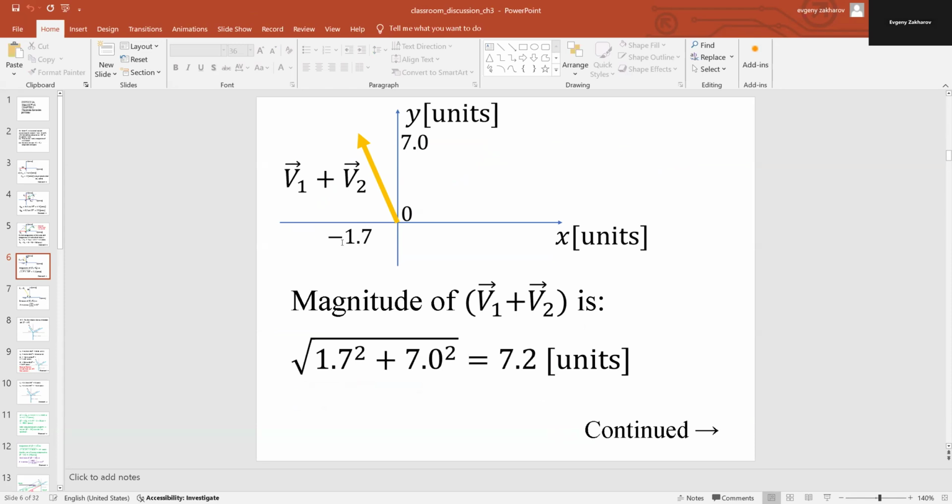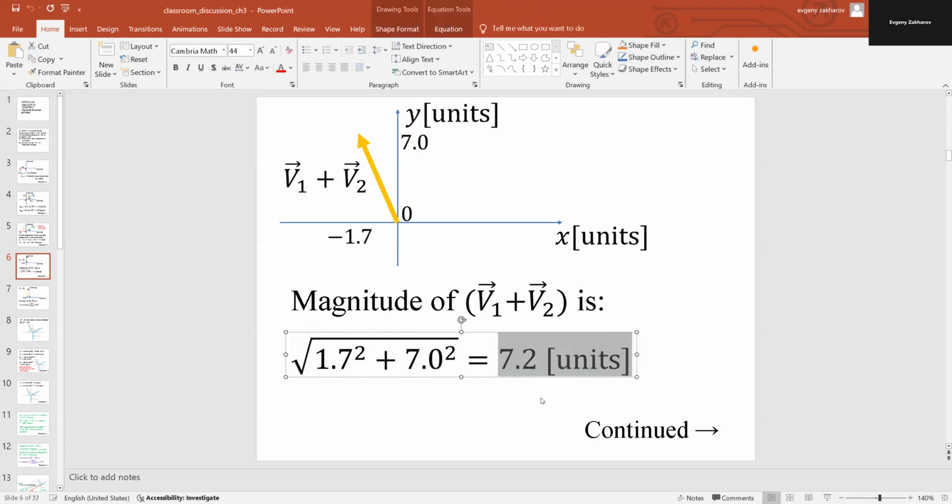You really don't care for negative in terms of magnitude for the hypotenuse. So you just say 1.7 squared, negative goes squared, still a positive, plus 7.0 squared. You get the magnitude for the sum is 7.2.